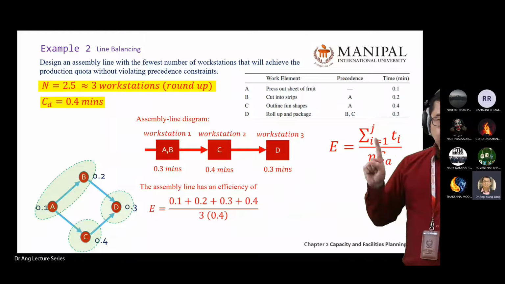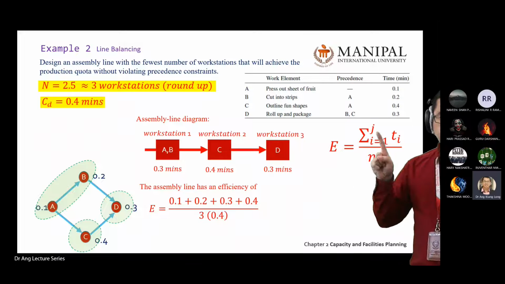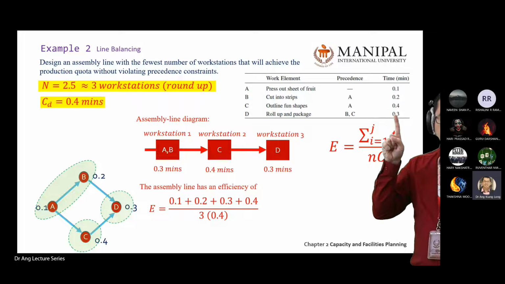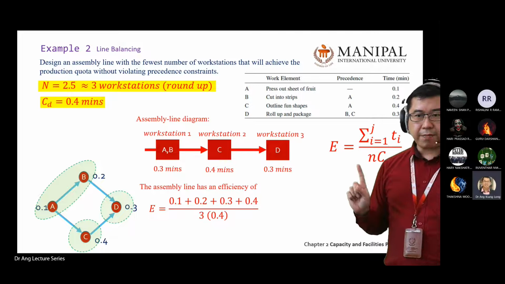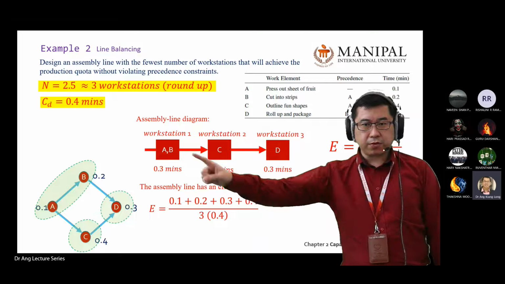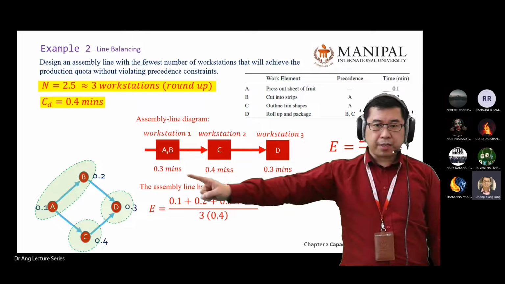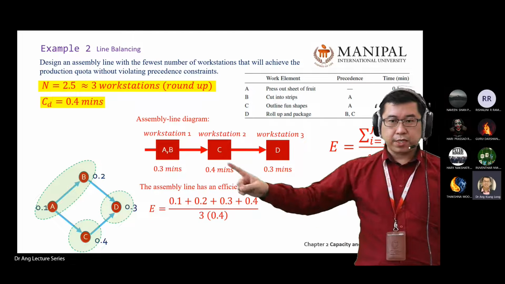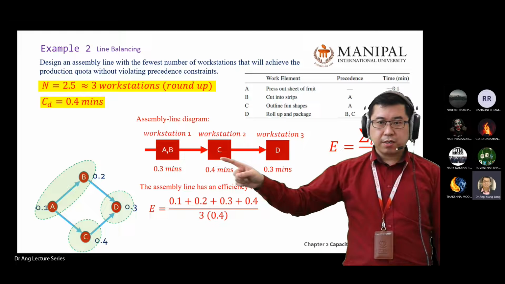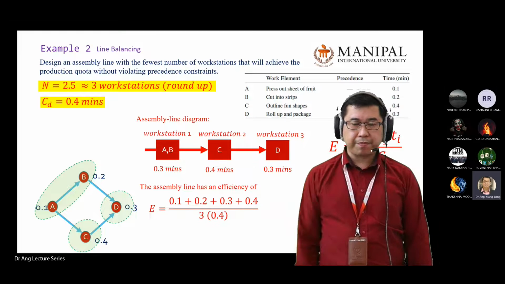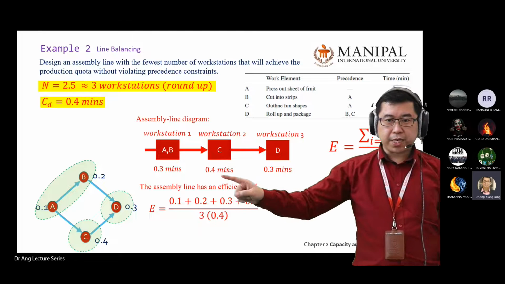The time of all the processes, 0.1, 0.2, 0.3, 0.4, 0.3, you put on top, divided by n, where n is the number of stations that you calculated. For actual time, you pick the maximum time among station 1, 2, 3: 0.3, 0.4, 0.3, maximum 0.4.